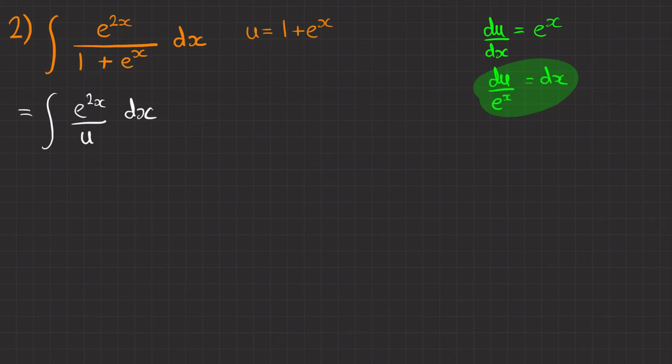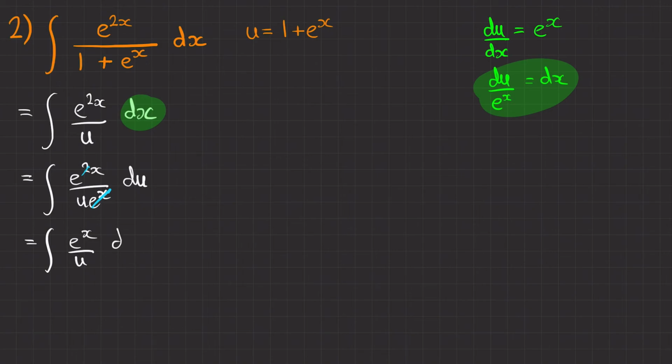Substitute this in now into here. So we'll have the integral of e to the 2x over u e to the x with respect to u. Well, there's an e to the x that cancels out, so we'll be left with the integral of e to the x over u with respect to u.